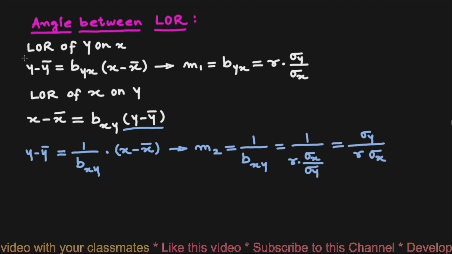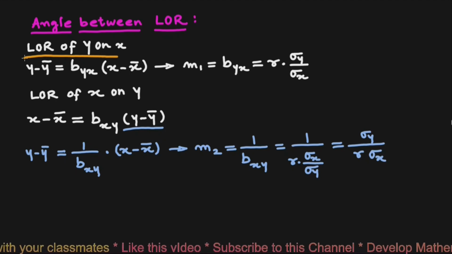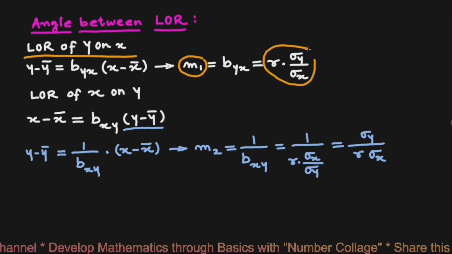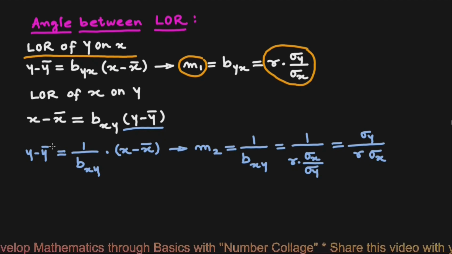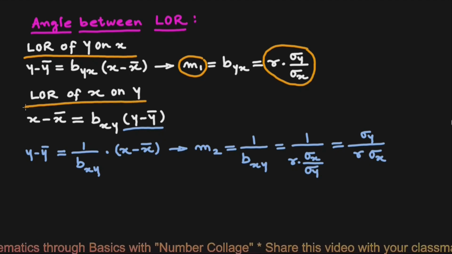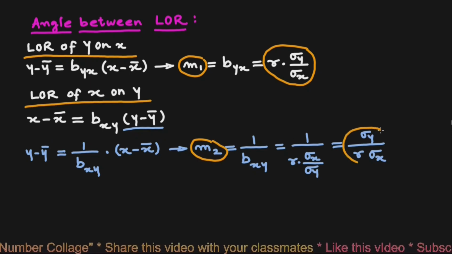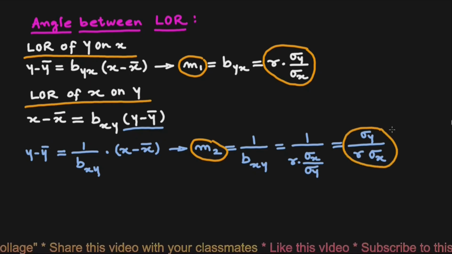So we have the slope of the line of regression of y on x, m1, which is r into sigma y by sigma x, and the slope of the line of regression of x on y, m2, which is sigma y upon r times sigma x.